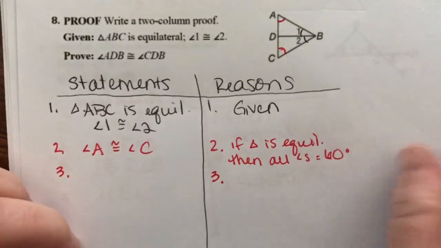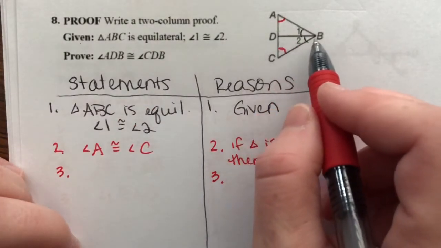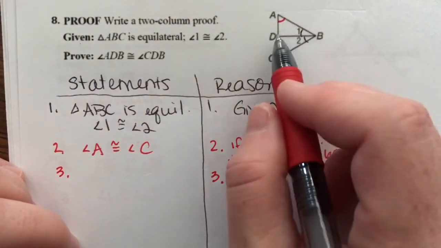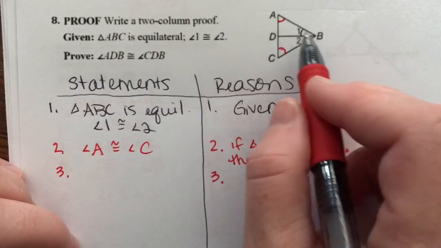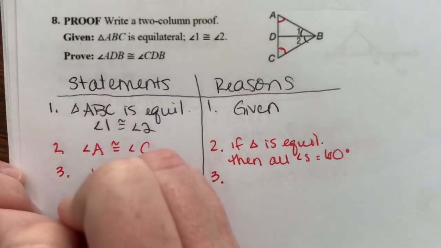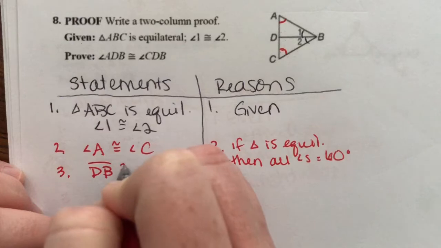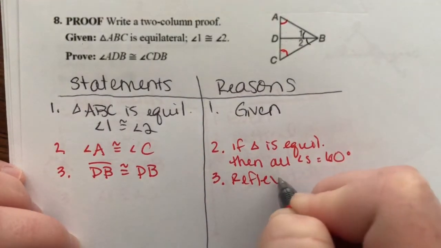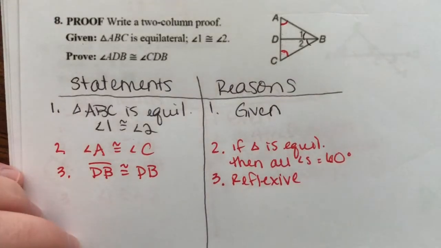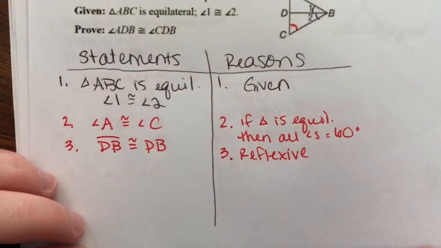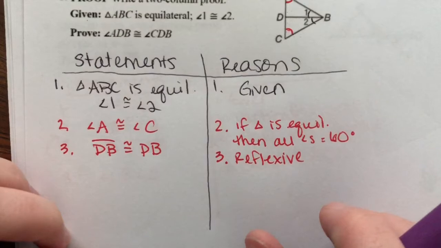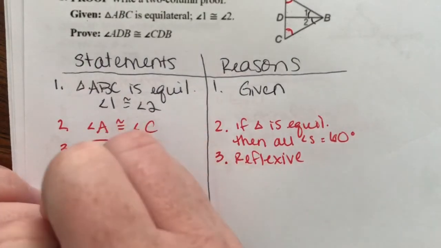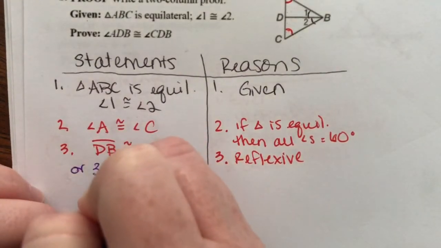I can either say DB is congruent to itself, right? That's kind of where my brain jumps automatically. DB is used in both triangles, so I'm gonna say DB is congruent to DB. And of course, the reason is because that's reflexive. Another thing that I could say here in step 3, I can't say both, I don't need both, but an option, I'll put "or" for 3.